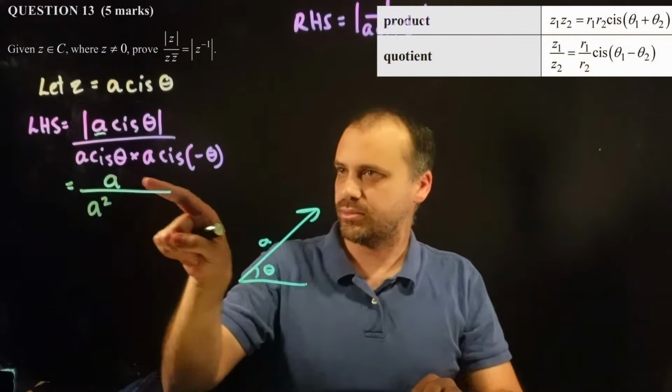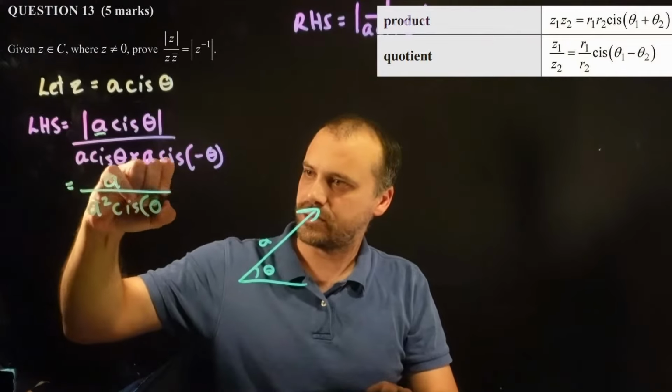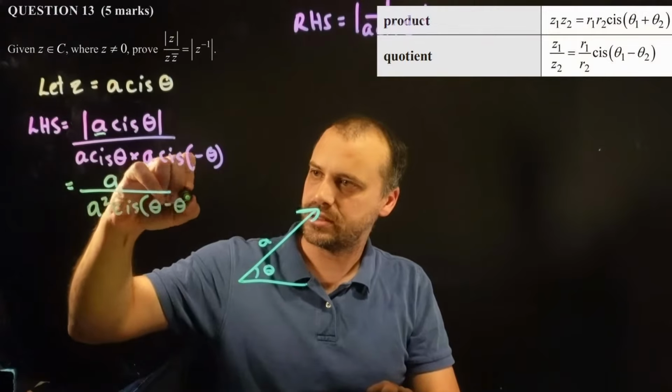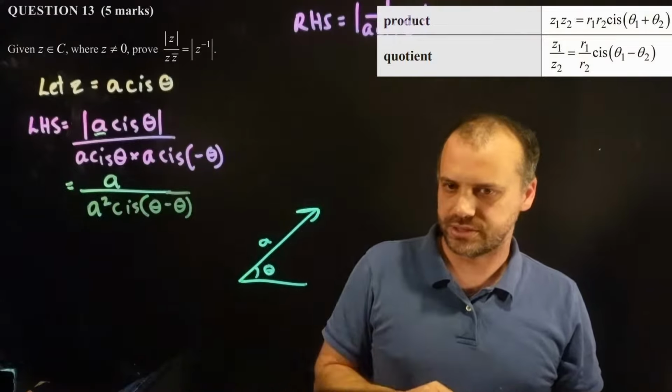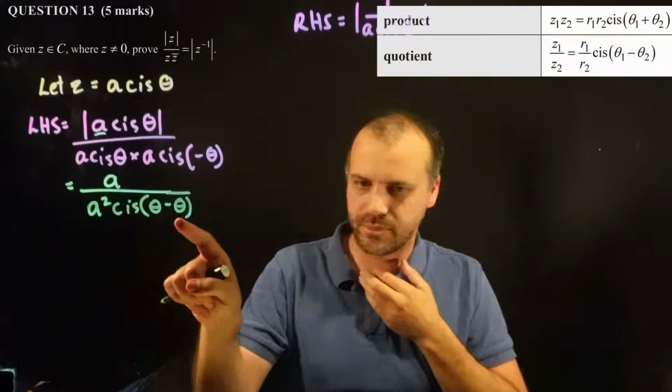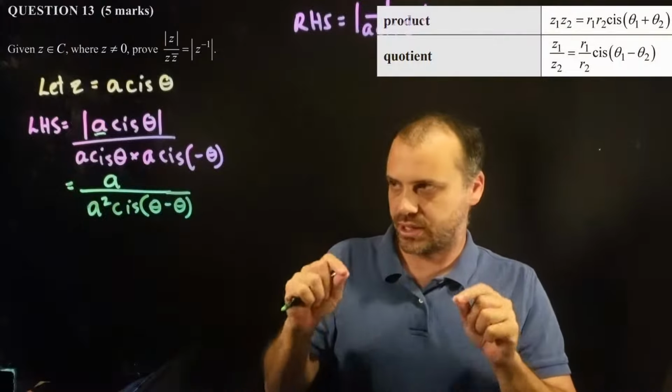So this plus this. Okay, so cis theta minus theta. Okay, very, very nice. Now, of course, what is theta minus theta? It's 0. So we've got cis 0 here.